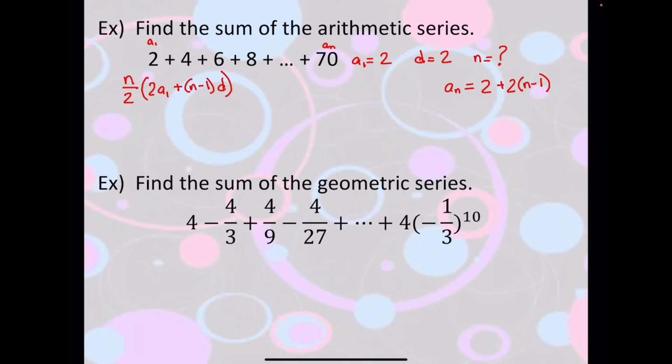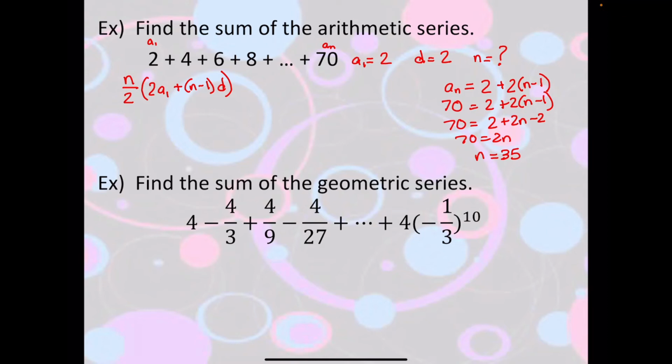So I know that my last term was 70, and I'm solving for n. All right, so let's see. 2n minus 2. The 2's cancel. So n equals 35.